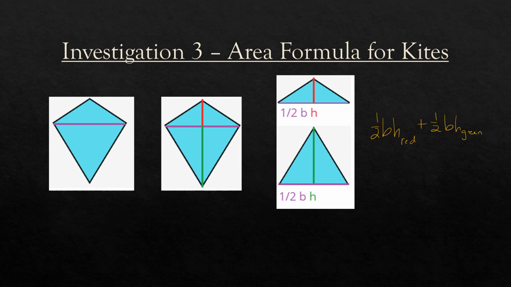The bases are the same. If I'm adding these together for the area, I could factor out the 1/2 and the base and say that it's 1/2 times base times the red height plus the green height. I could then say it was maybe 1/2 the base times the total height.